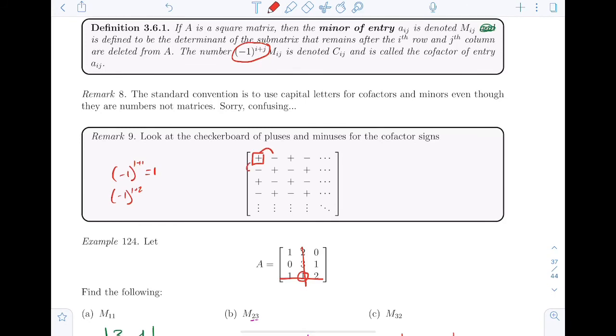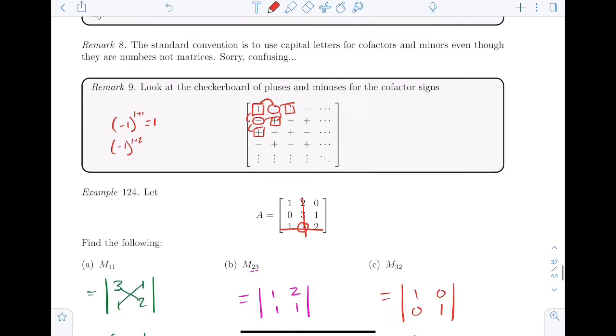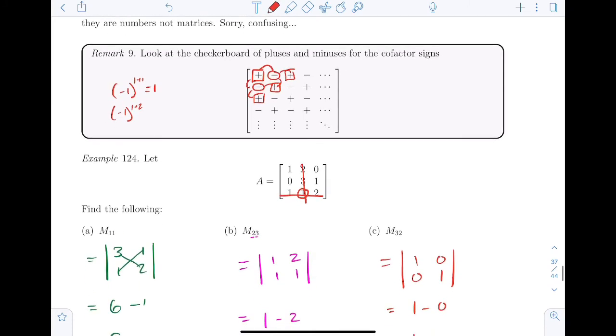So when you move one space away, they become negative. And then when you move one away from those in any direction, you go back to being positive. So you have this sort of checkerboard of pluses and minuses. Okay, and so that's how you can find the cofactor; this is the easy way of doing the cofactors.